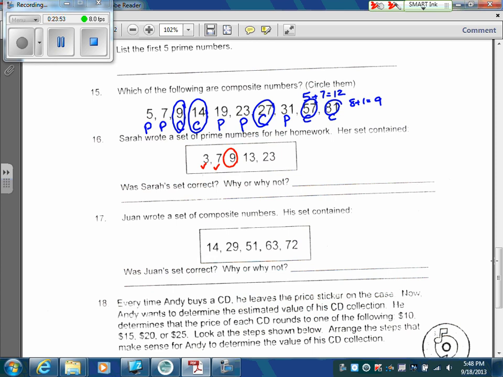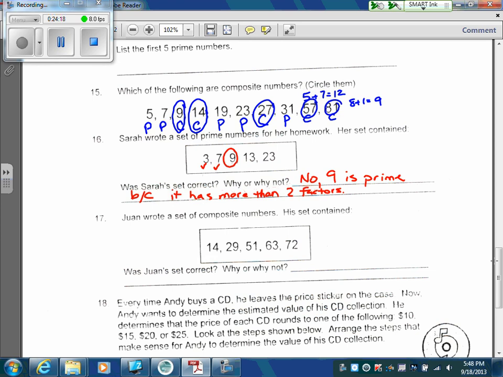So I would just write that. No, 9 is prime because it has more than 2 factors. And then for the next one, you're looking at composite.